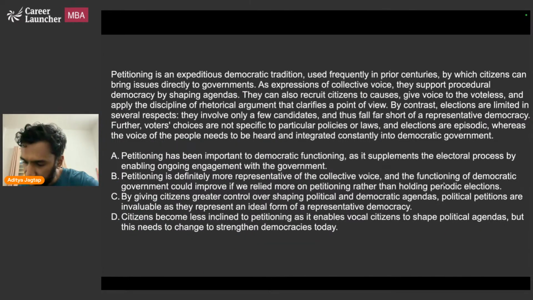And if you didn't check invaluable, like Harshal was saying, you should check ideal form of democracy, right? No mention here. No mention of what is an ideal form. If I was to ask you from the passage, what is an ideal form of democracy? We can't state that. So this is invalid.